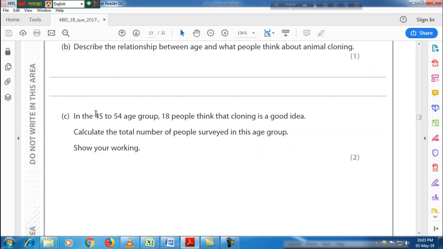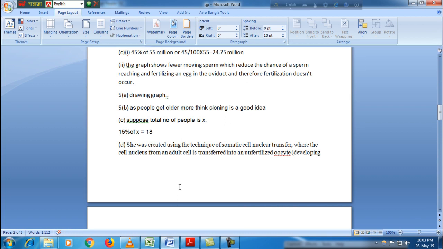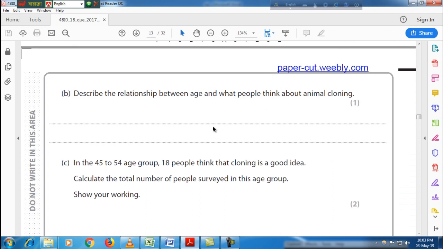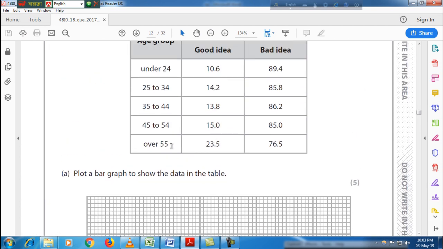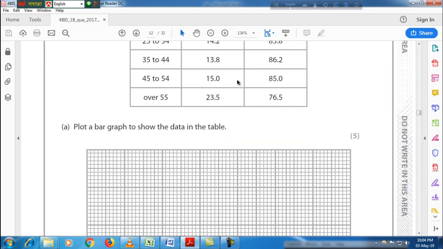Now, 5C. In the 45 to 54 age group, 18 people think that cloning is a good idea. Calculate the total number of people surveyed in this age group. Show your working. So suppose the total number of people is X. In 45 to 54, the chart says that 15% think it is a good idea.